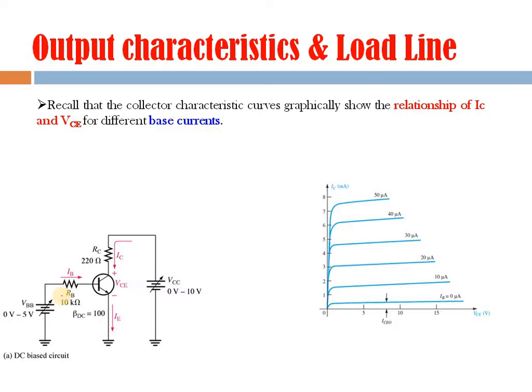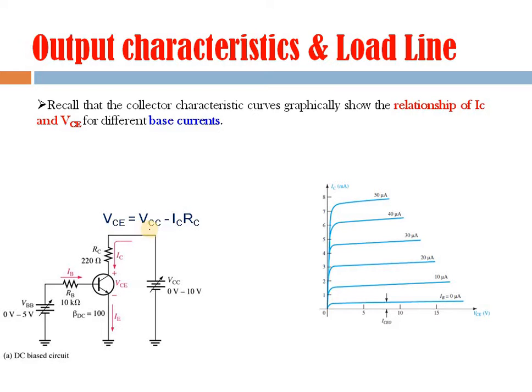When an AC signal is applied on the input side, corresponding to the variations in the base current, there are variations in the output current, and so there are variations in the collector voltage also. Collector voltage is the output voltage here, and the output voltage and output current are related to each other with the help of this equation.